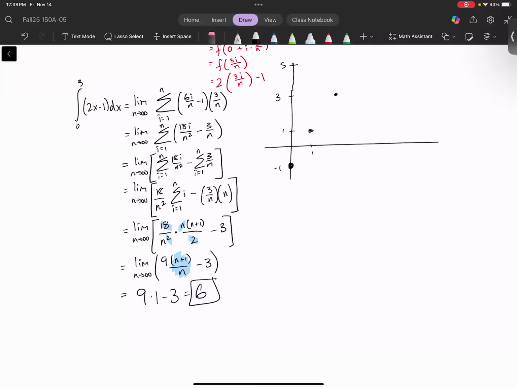So let's call this 5. Okay, so that should be a straight line. Now we're doing the integral from 0 to 3, so from here to here, on this interval. And we're trying to find the area.